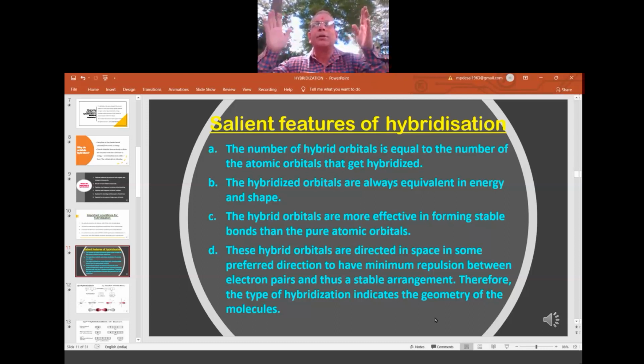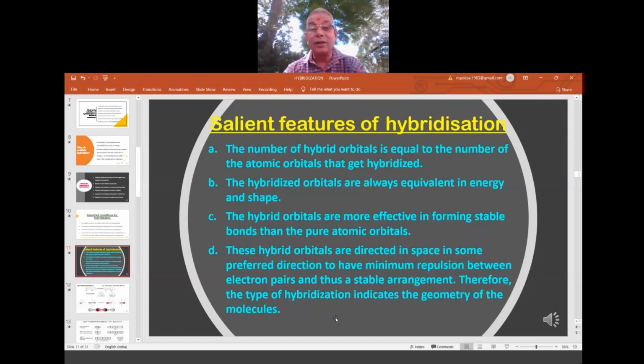So the number of orbitals before and after remains the same. This is strictly in accordance with the law of conservation of energy. So energy before and energy after is the same, atoms before and atoms after is the same, so the orbitals before and after are the same.